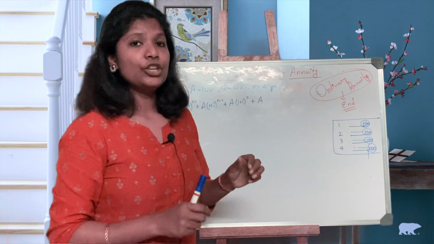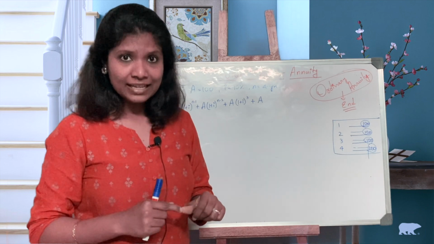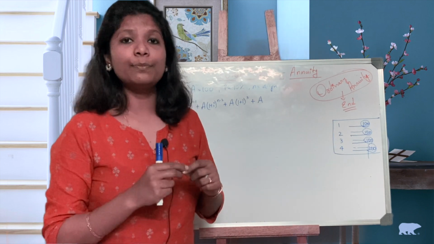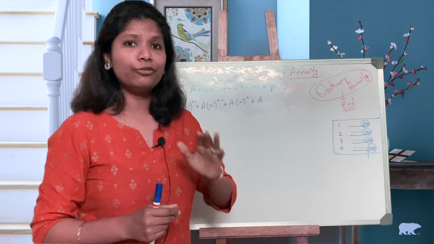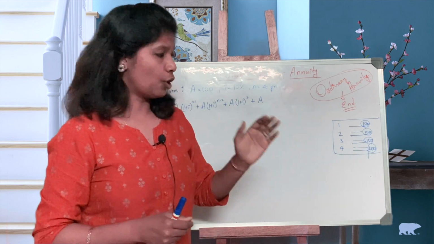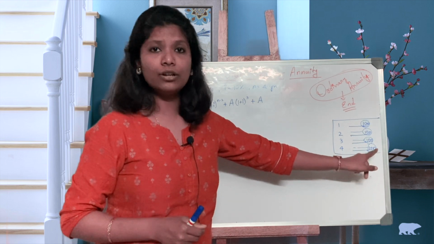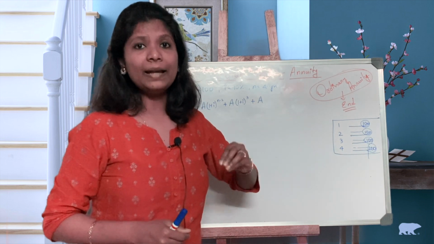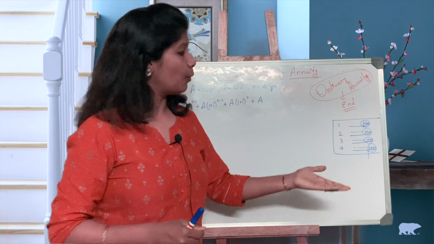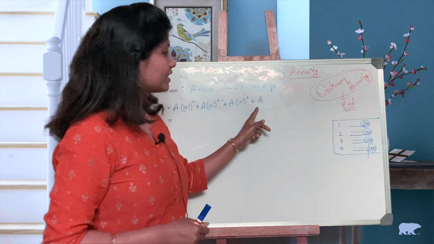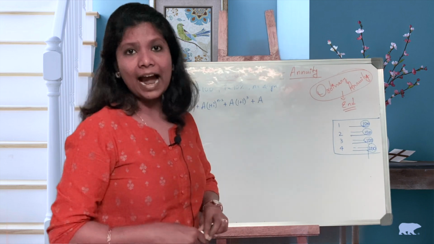I repeat, your last annuity payment date as well as the investment maturity date are both clashing here. Therefore, the bank or any institution is not going to pay for the last installment because on that particular date, your investment will be maturing. So whatever 100 rupees you're giving on the last date will return back to you as it is as annuity. No interest will be added to it.